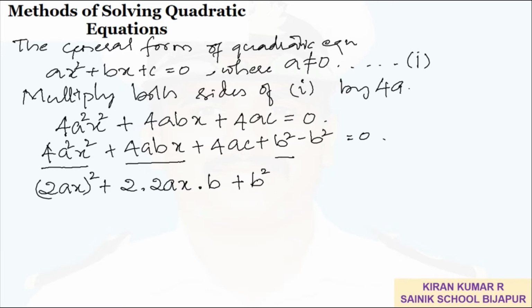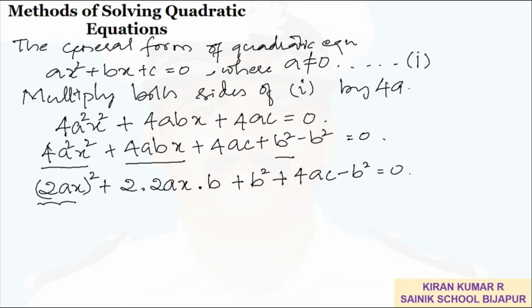This 4abx I have written as 2 multiplied to 2ax multiplied to b. Then followed by the remaining terms 4ac minus b square equal to 0.